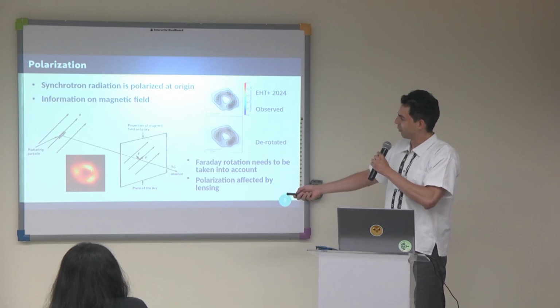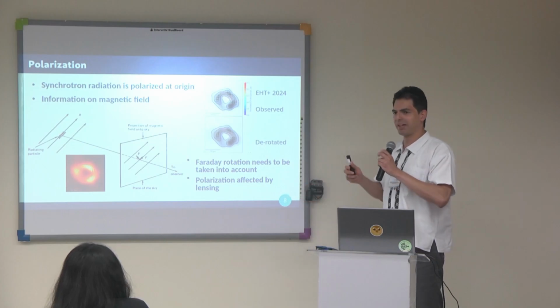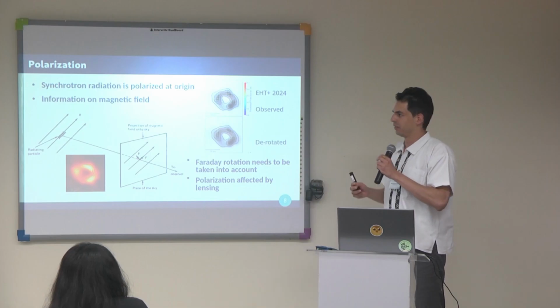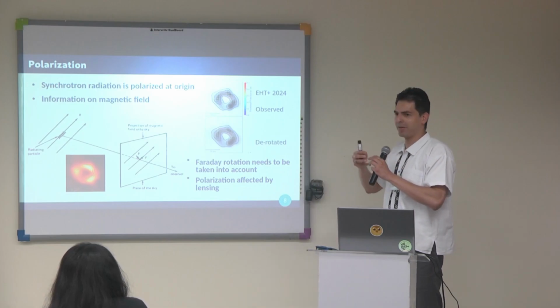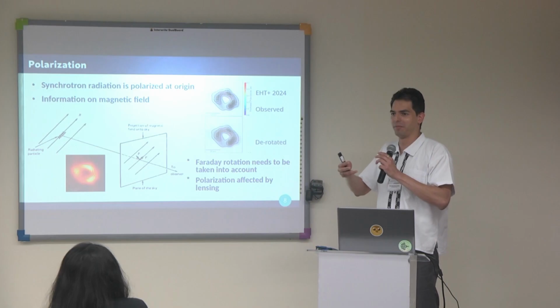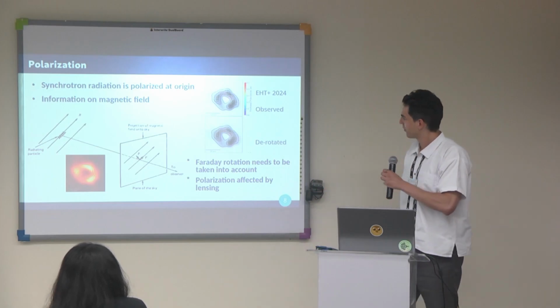So, having a well-ordered magnetic field is another observable that favors the MAD model.